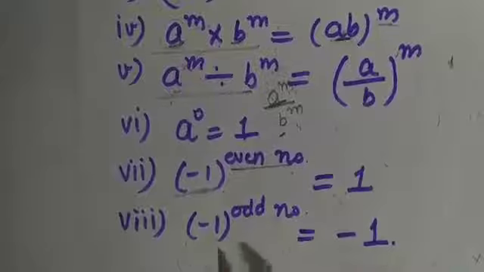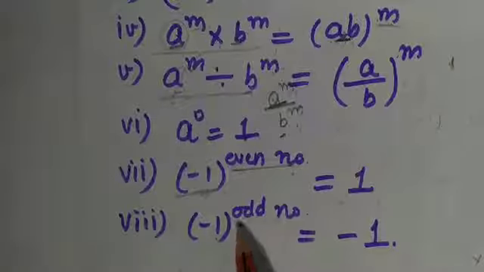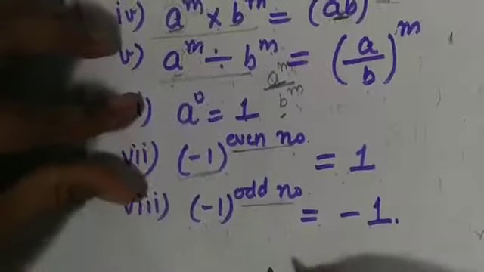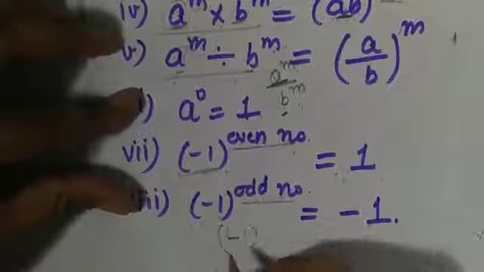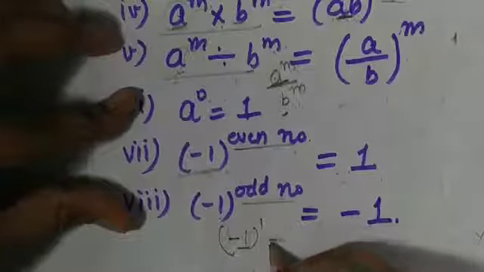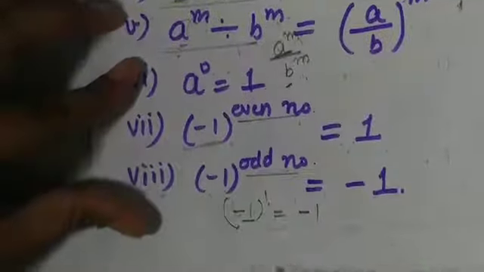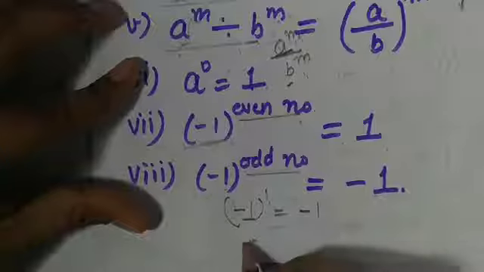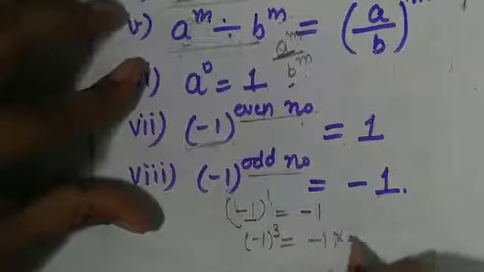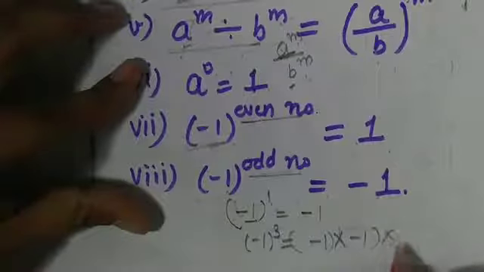Now come to the 8th point, minus 1 raised to the power odd number is minus 1. So let us understand this by taking the first odd number, that is 1. It means minus 1 is multiplied one time, so it will be minus 1. Now let us take the next odd number, that is minus 1 raised to the power 3. So it means minus 1 into minus 1 into minus 1.